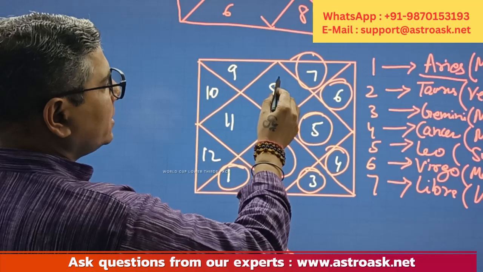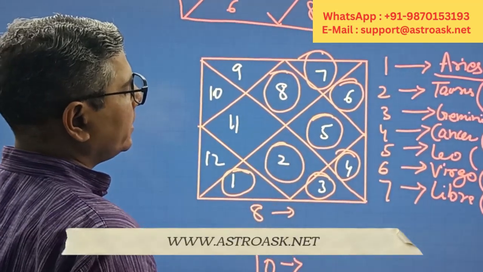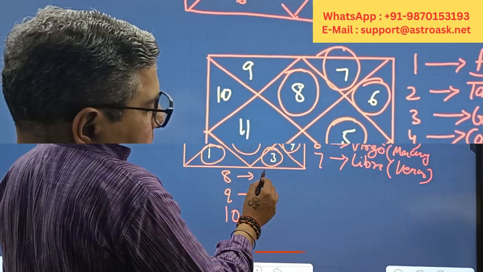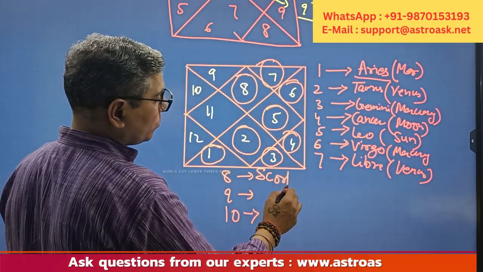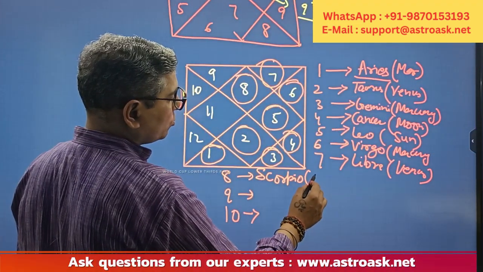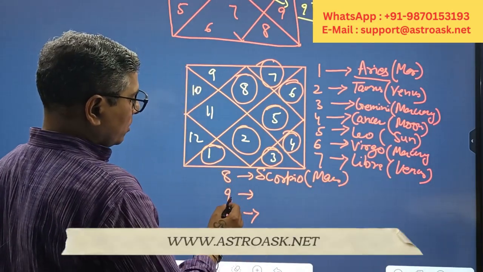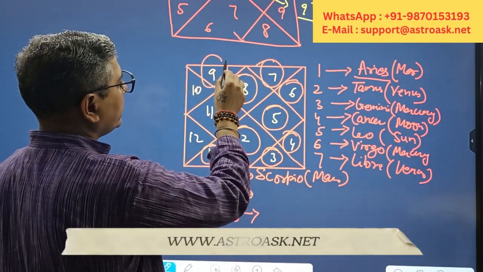Now number 8 is written in the Lagna house, that is the ascendant house here. So the ascendant sign is Scorpio, which belongs to Mars again. So you have to learn all these things. Number 9 is written in the 2nd house.